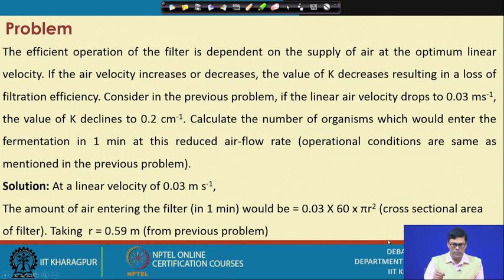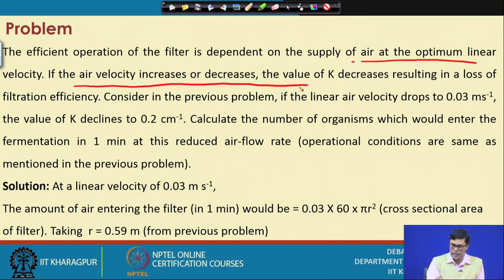Now, the next problem is that efficient operation of the filter is dependent on the supply of air at optimum linear velocity. If the air velocity increases or decreases, the value of k decreases, resulting in loss of filtration efficiency. Consider the previous problem, with whatever data we have there.